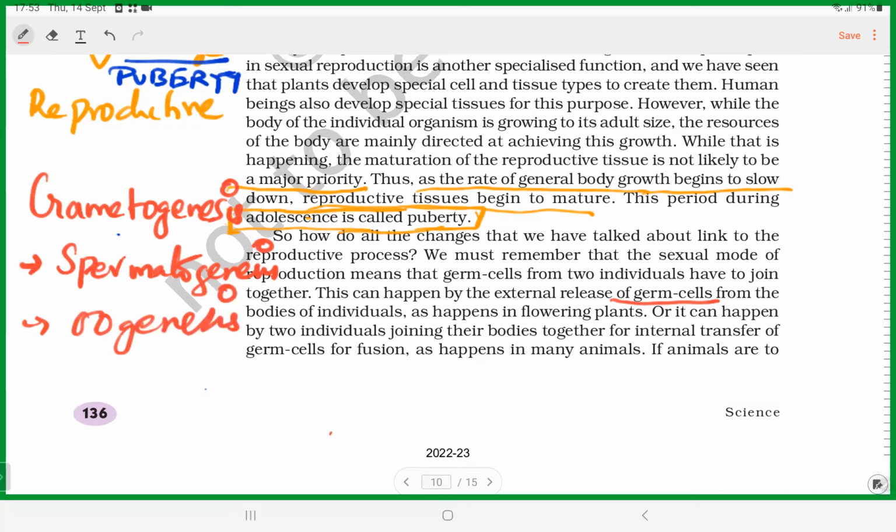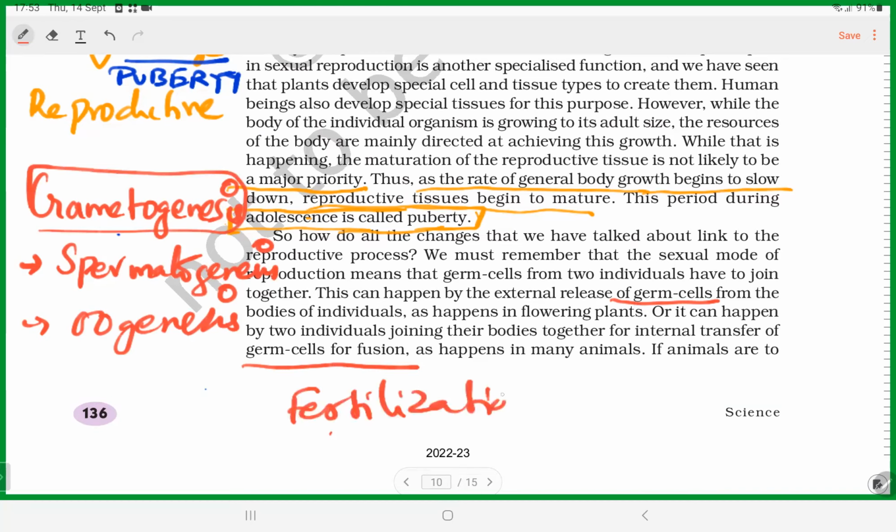And then fusion of these germ cells. Germ cell production, fertilization, and then it should result in development. What are the events in humans? After puberty, gametogenesis should occur, fertilization should occur, and then development should occur.